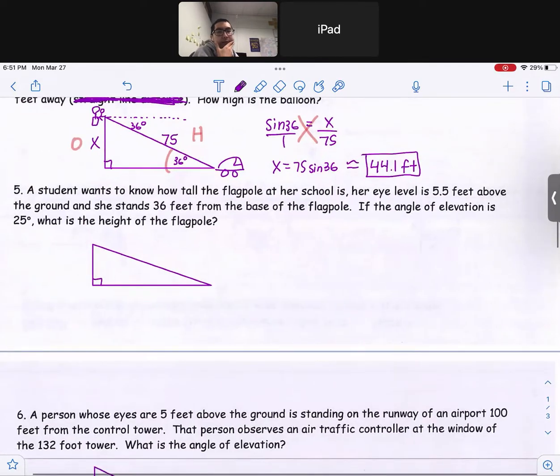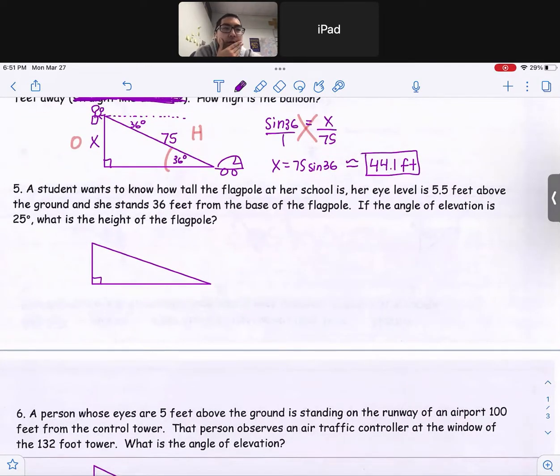Okay, number 5. These problems are more unique because they're talking about your eyesight. A student wants to know how tall the flagpole is at their school. Her eye level is 5.5 feet above the ground. So this triangle is already in the perspective of someone's eyesight.